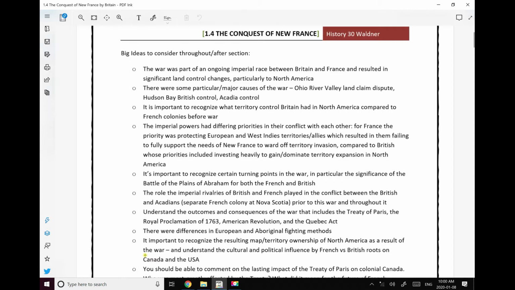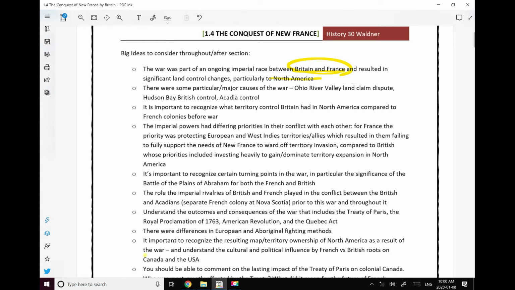For example, here, the war was part of an ongoing battle between France and Britain, so there's a lot of history between these two countries in particular, and we know that because these are the two founding societies of our country, Canada, right? But the battle in this particular case that we're talking about is the battle for North America.